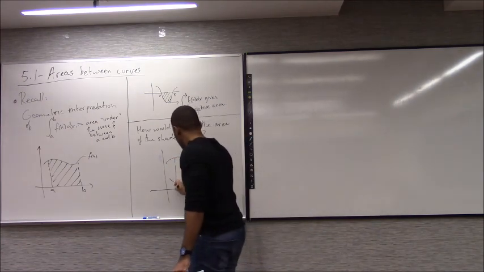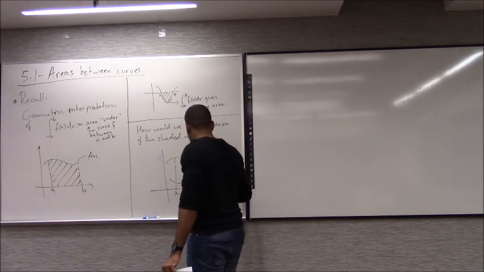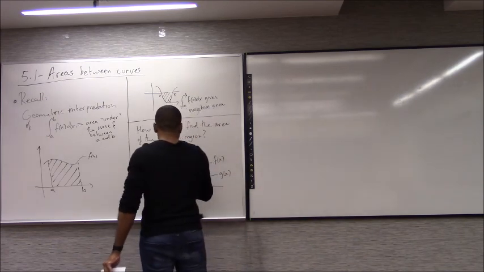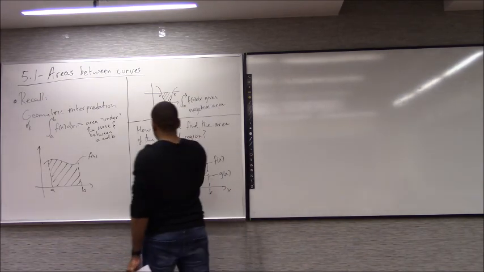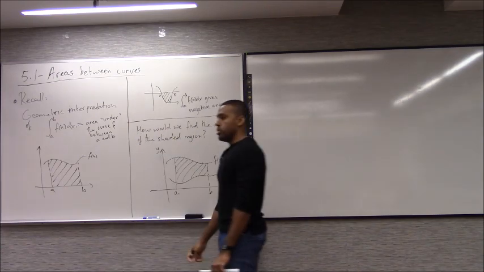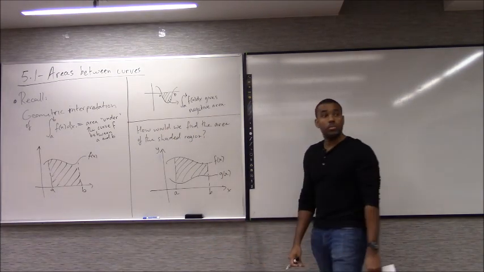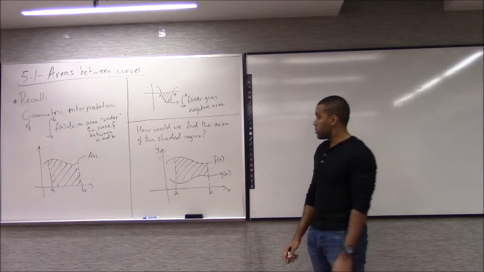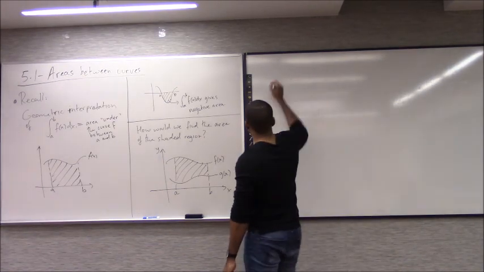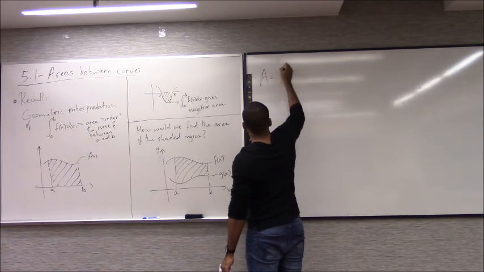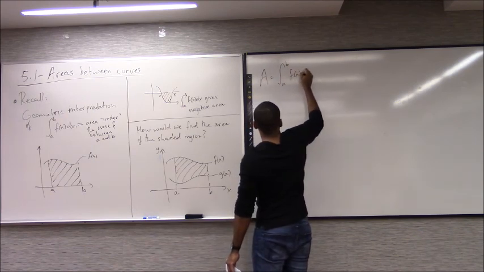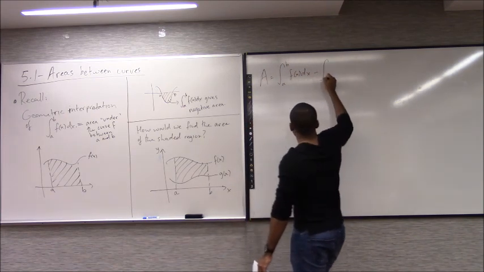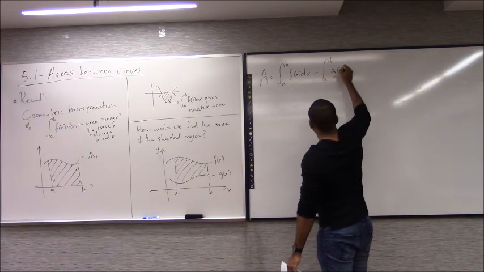And I want to find the area between the curves between a and b. How would you do that? You would take the integral from a to b of the top curve, which is f of x, and then subtract g of x. And then subtract the area under g of x.